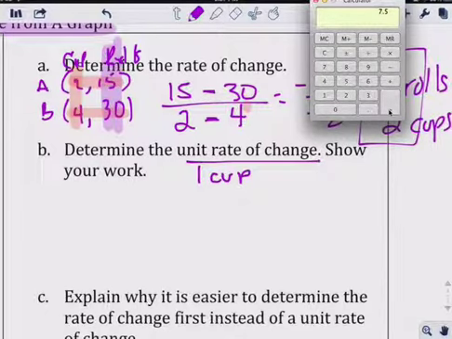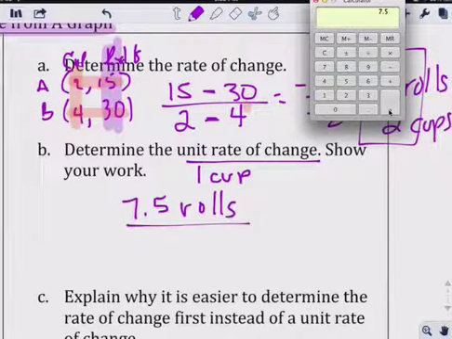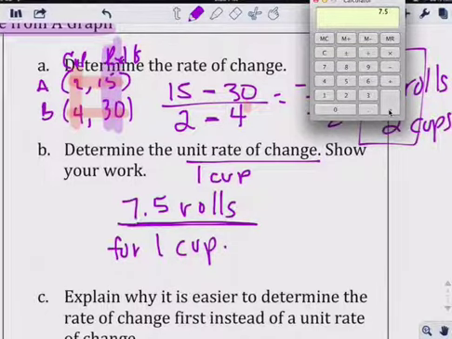We get, with 1 cup we make 7.5. Your unit rate is 7.5 rolls for 1 cup. Okay, you use it as a unit rate fraction like that.